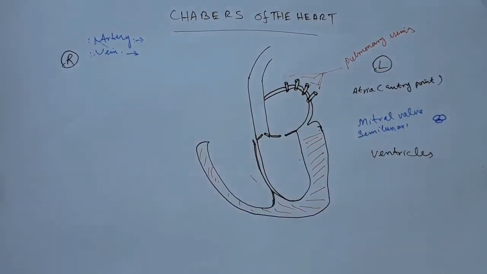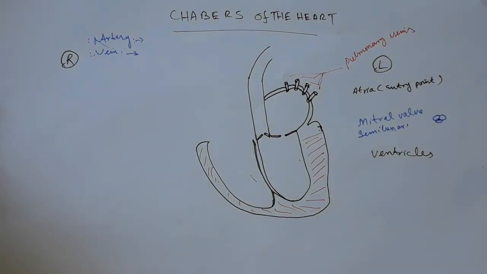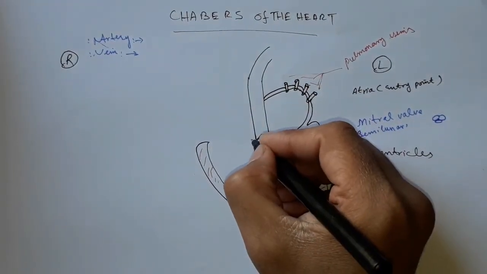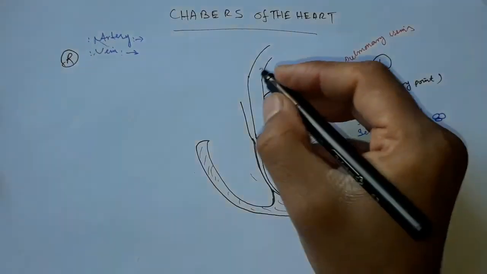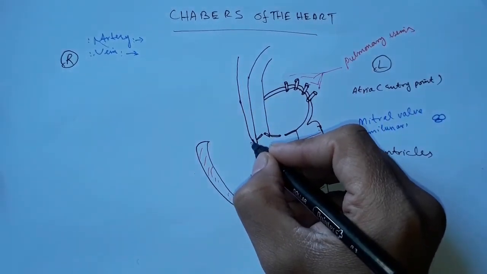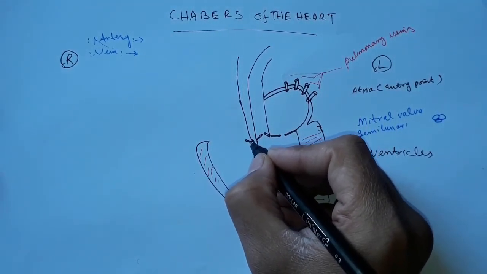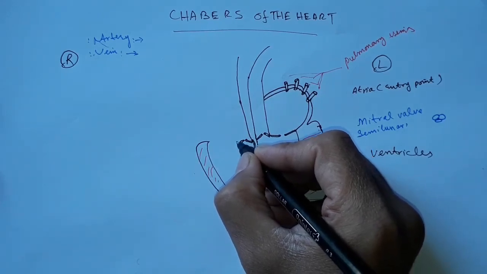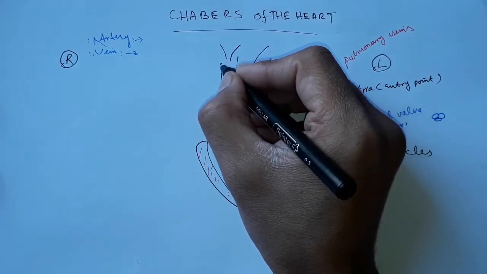Now let us move on to the right side of the heart, and in the same way here we have a larger vein, and a vein which is pointing in the upward direction.